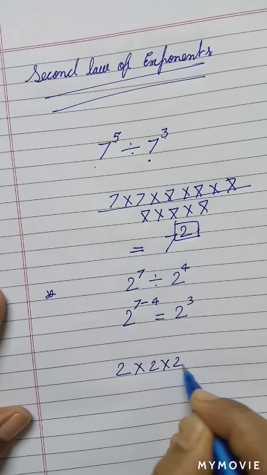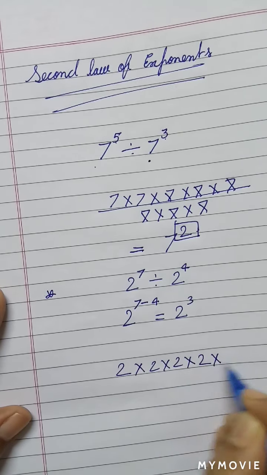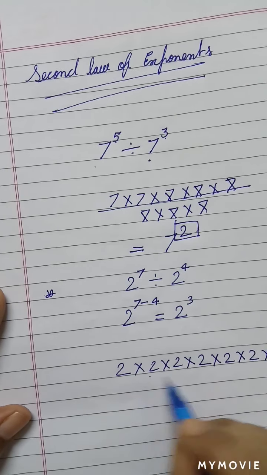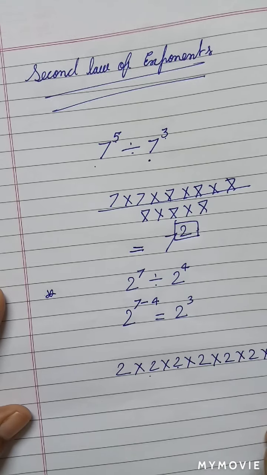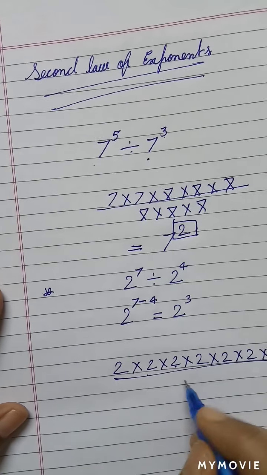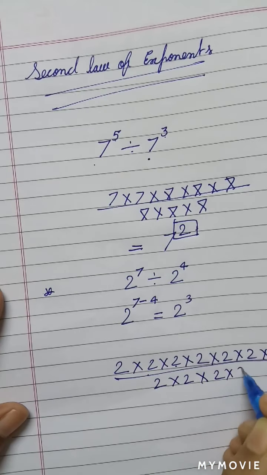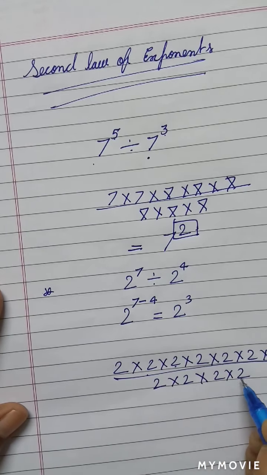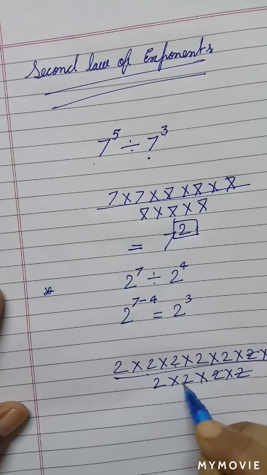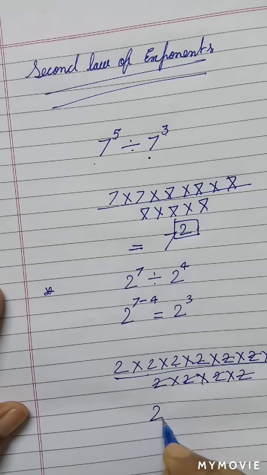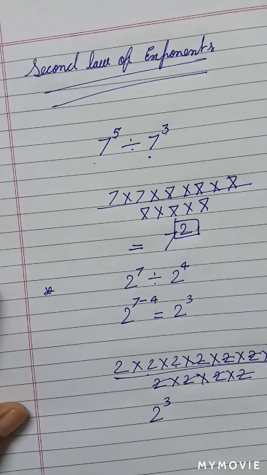You can write 2 in the numerator 7 times, and in the denominator, you can write it 4 times like this, and eventually we are left behind with 2 raised to the power 3.